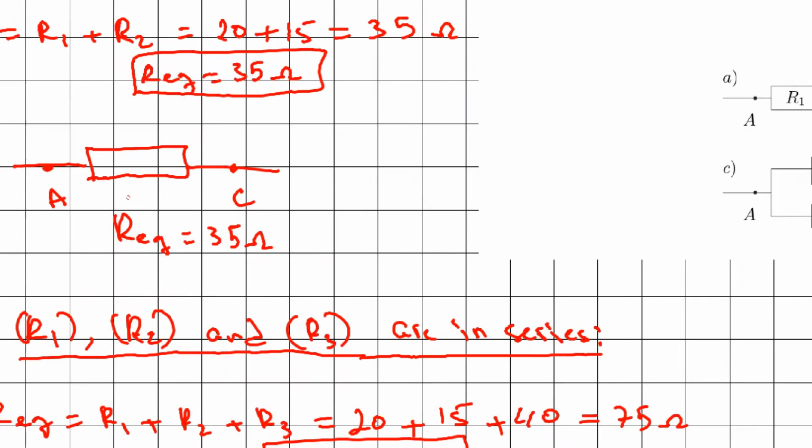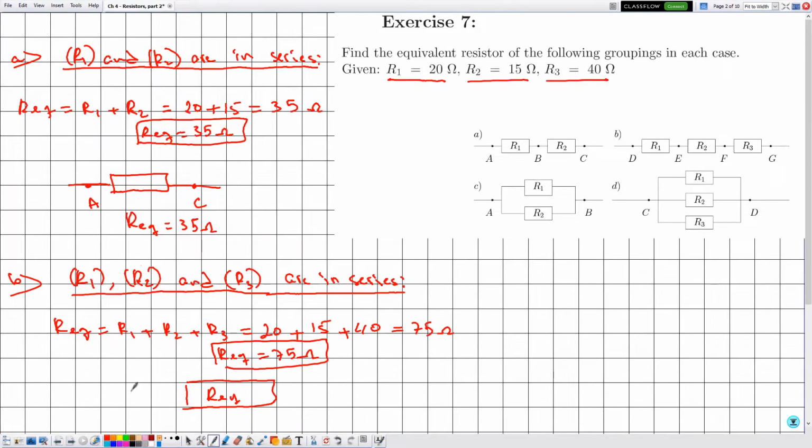So it's not important whether we write R equivalent on the resistor itself or below or above. So this is the point D. This is the point G. And the value of R equivalent is given by 75 ohms. So this is it for part B.